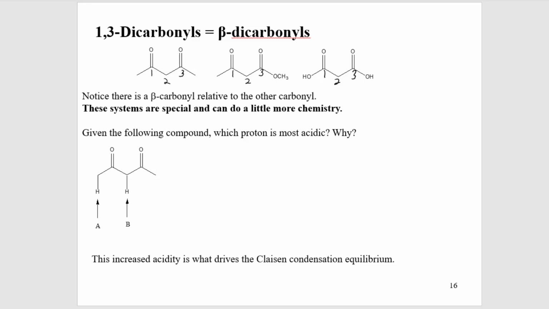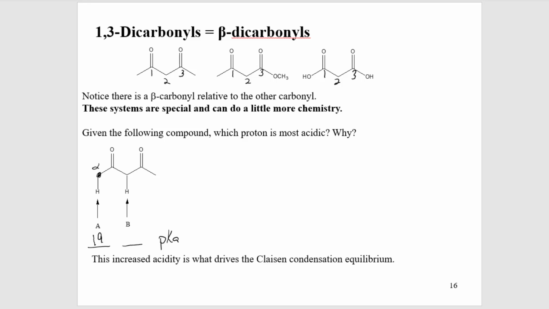Look at A. Let's talk about the pKa's of each one of these. The pKa of A is just a regular alpha carbon bearing a proton. And I already told you that the pKa is roughly 19. The pKa of B is much, much lower.